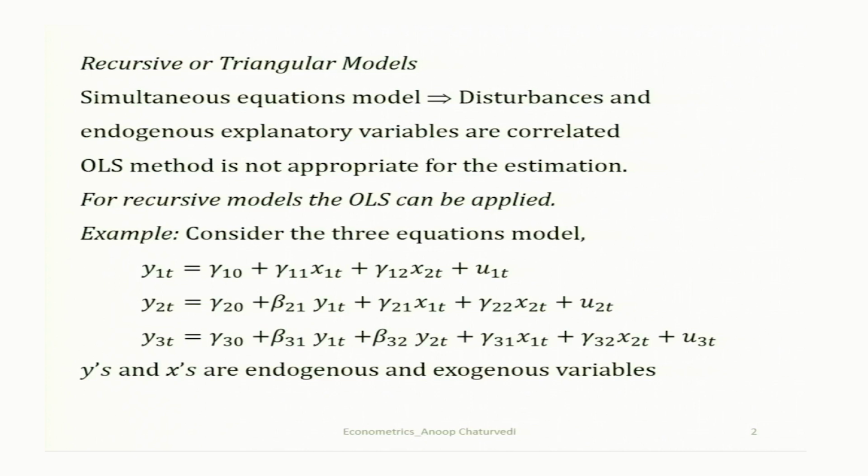Then in the third equation, y3t is equal to gamma 30 plus beta 31 y1t plus beta 32 y2t plus gamma 31 x1t plus gamma 32 x2t plus u3t. So, in the third equation, both y1 and y2 appear on the right hand side. Here y's denote the endogenous variables and x's denote the exogenous variables.